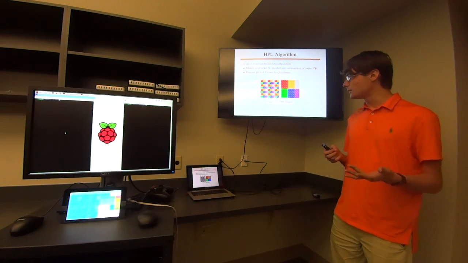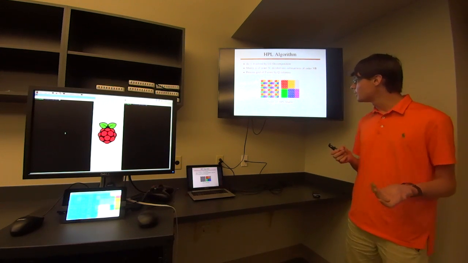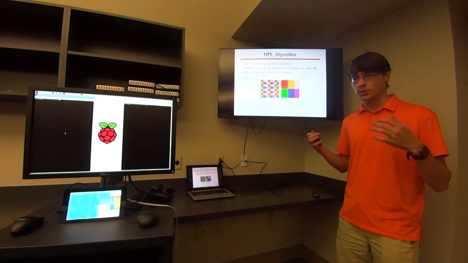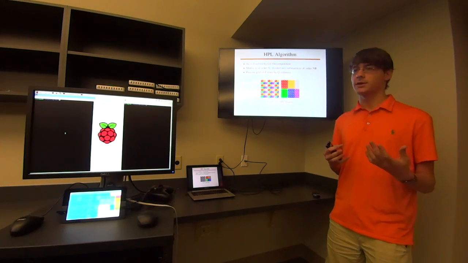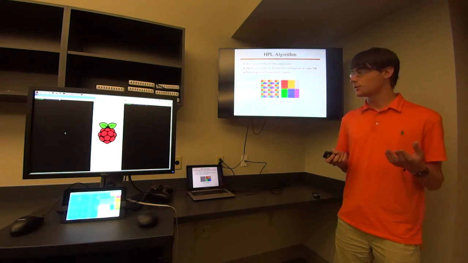The matrix, they say, is of order n, which is a parameter you specify, and then it's divided into blocks or submatrices of size nb, and then you have a process grid of p by q.